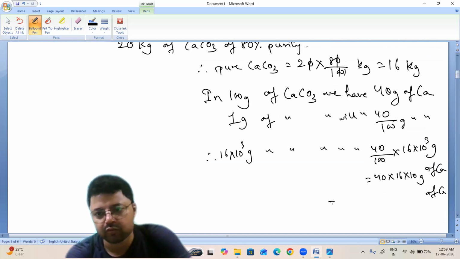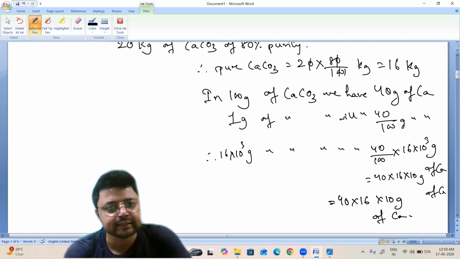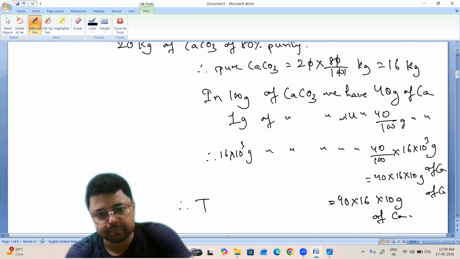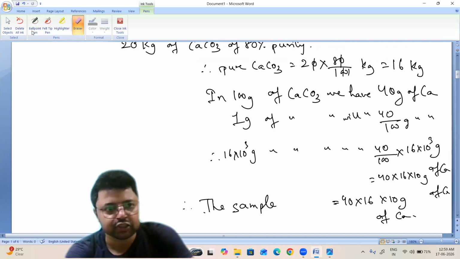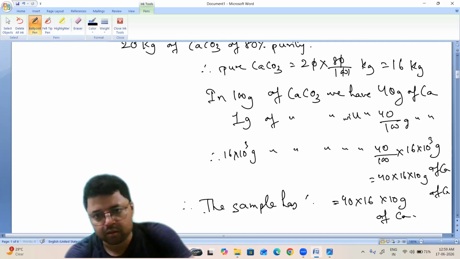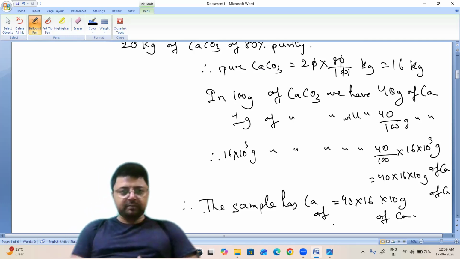So this is the overall amount: the sample has this many grams of calcium.